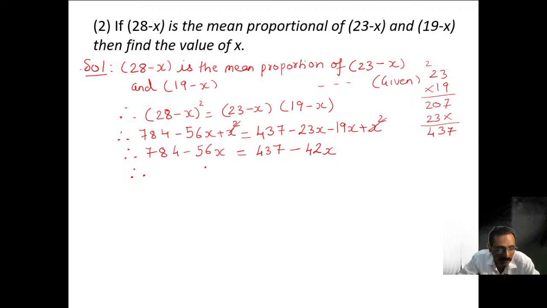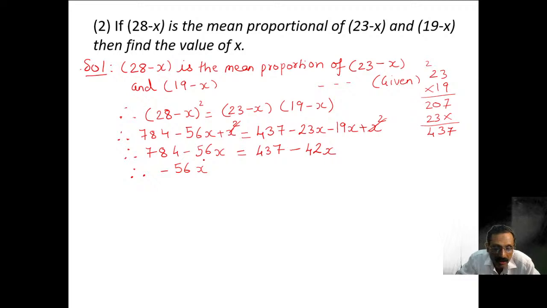Carefully see what we have with us. Minus 56x plus, what I am going to do here, I am going to bring this side. When I bring this side, the negative sign will become positive. That we have to keep in mind.